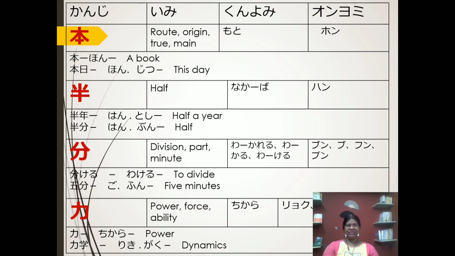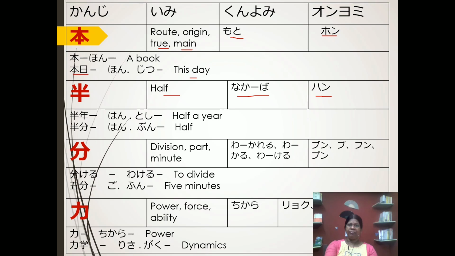Now, kanji time. Meaning of the kanji: root, origin, true, main. Kunyomi moto, onyomi hon. Hon, book. Honjitsu, this day. Meaning of this kanji: half. Kunyomi nakaba, onyomi han.